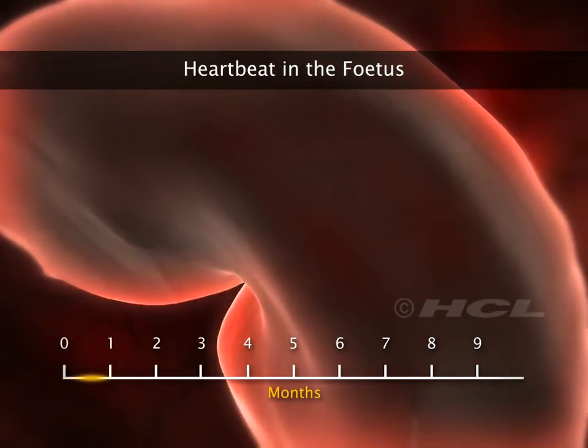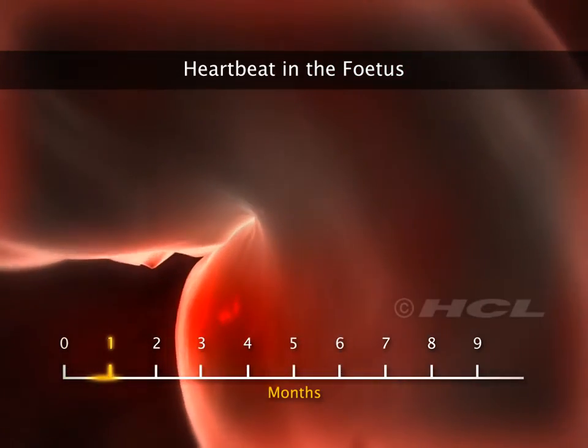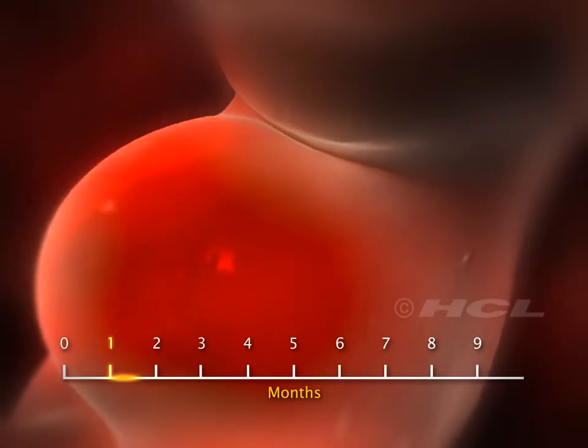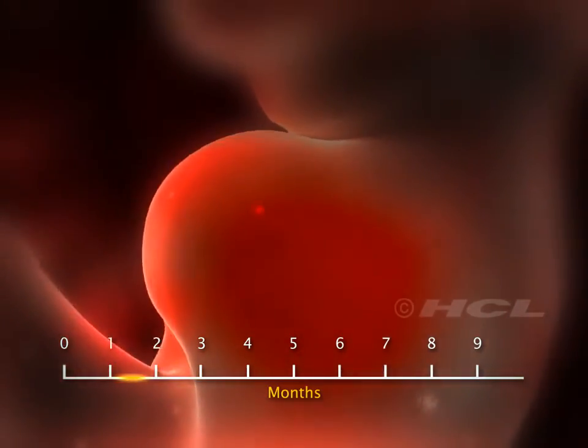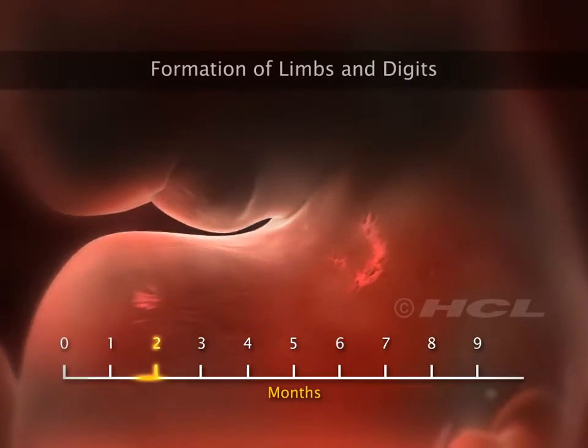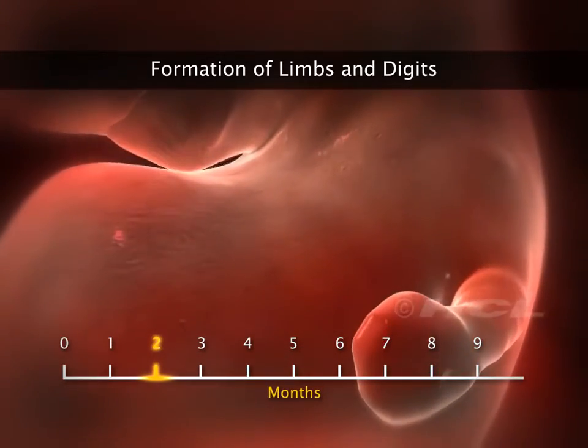In the human embryo, the heart is formed after 1 month of pregnancy. The limbs and digits are formed towards the end of the 2nd month.